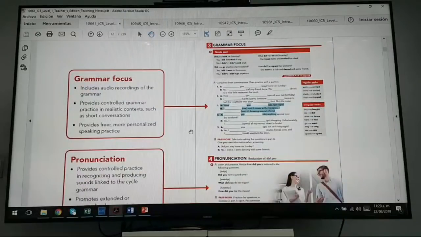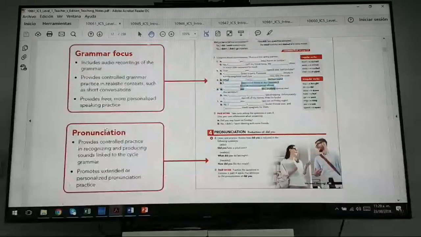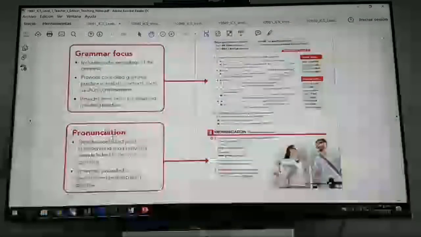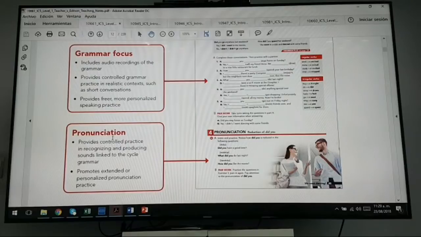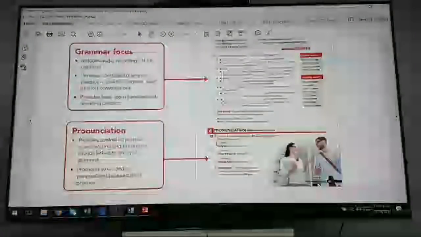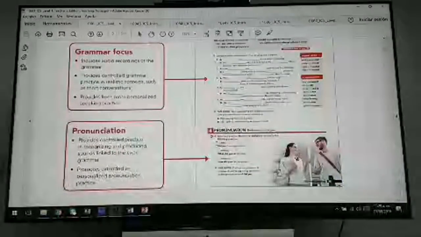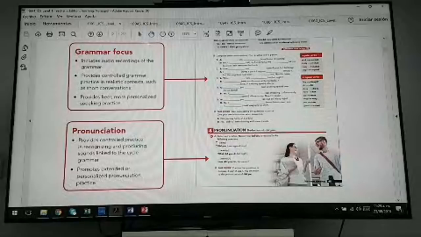Then another aspect here is pronunciation. You will hear throughout the course book different types of pronunciation, not in isolated items, but also how it is used in context. We have different pronunciation depending on the context we're working with. You can use interrogations, you can ask questions, you can make statements, and you have voice inflection in there.